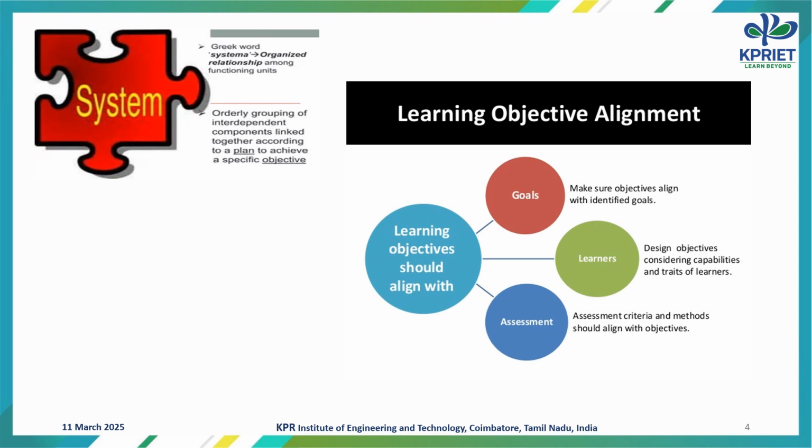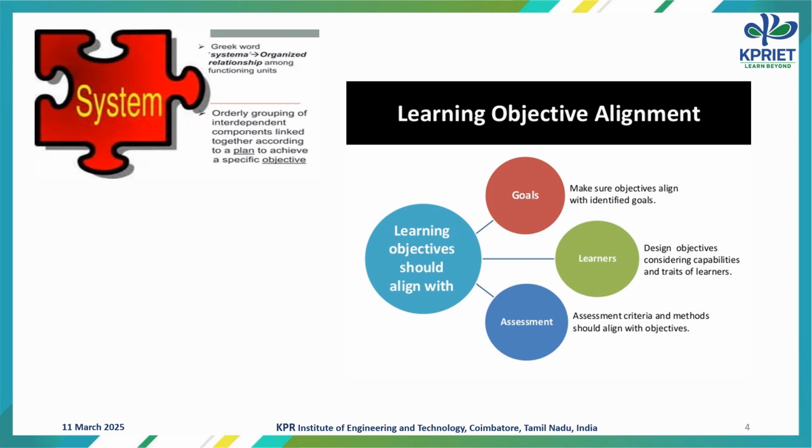It should align with three key terms: goals, learners, and assessment. What is the goal? For example, now we are working towards placement, right? You are all studying for a placement. So what is your goal? You want to get placed in a good company. And what are learners?